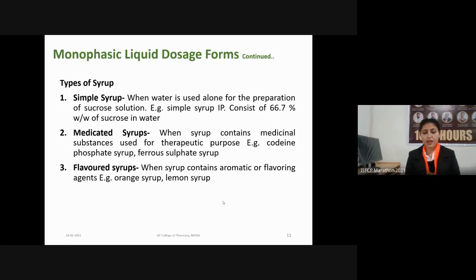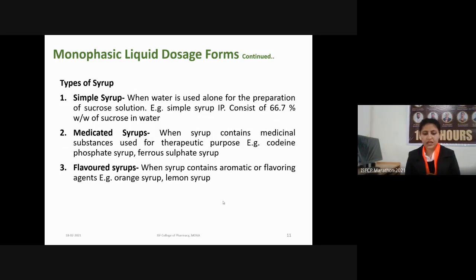It means when any medicinal substance is added to the simple syrup, we say it is a medicated syrup. The examples are codeine phosphate syrup and ferrous phosphate syrup.